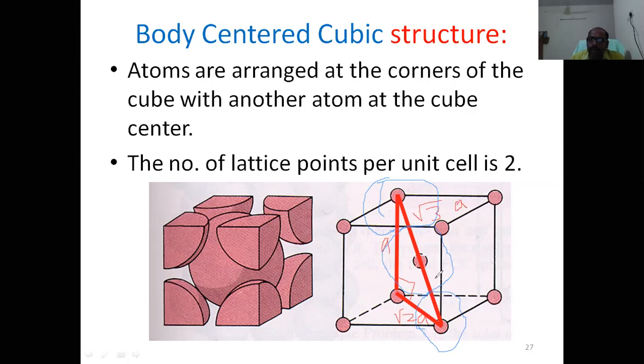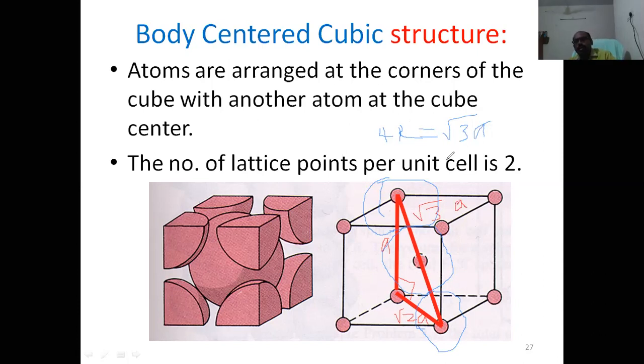Again here also we get 4R, the body diagonal length is 4R in terms of atomic radius, and that is equal to root 3a in terms of the lattice constant.